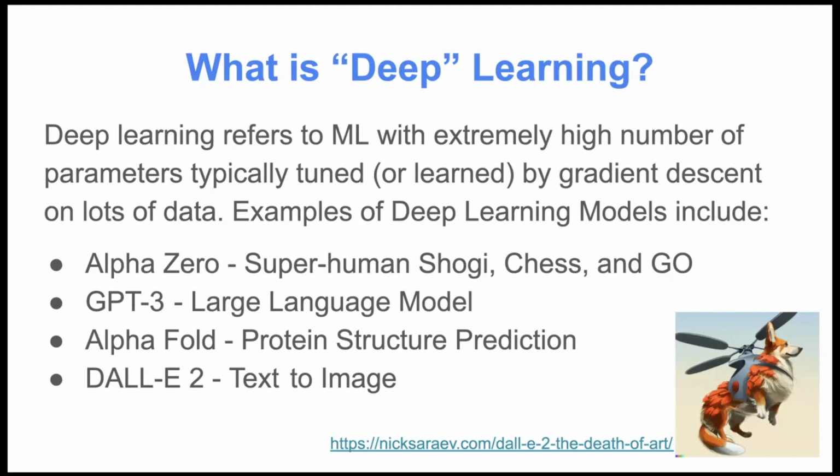Some very popular examples of deep learning models are AlphaZero, which achieves superhuman performance in various games, GPT-3, which is somewhat related to ChatGPT but in general is a large language model, AlphaFold, which does protein structure prediction. This is really just a supervised model with maybe some additional tricks to make it slightly better, like semi-supervised. And of course, there's DALL-E 2, which takes text descriptions and produces images.